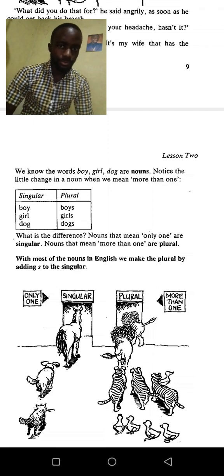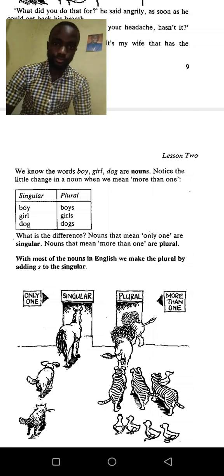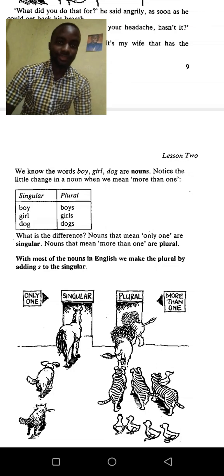The singular word boy changes to what? Boys. The singular word girl changes to girls in the plural form. The singular word dog changes to dogs in the plural form. That is pretty clear there. What is the difference? You tell me.